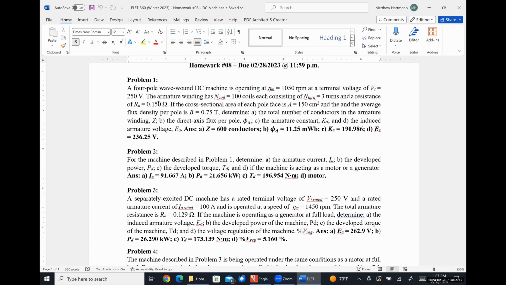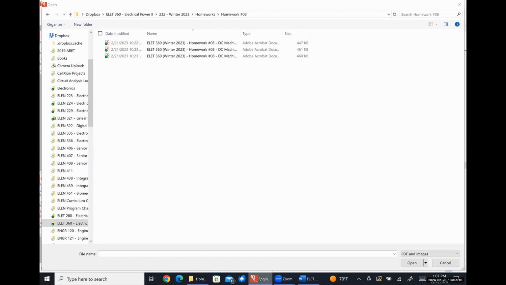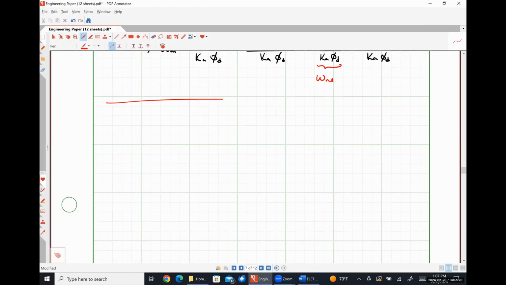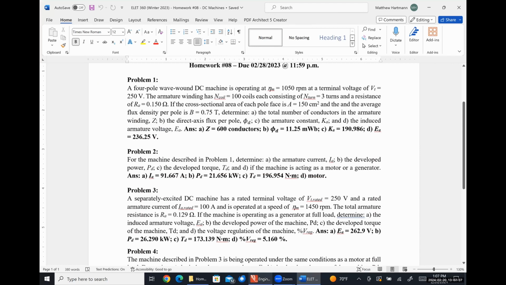Since we've surmised that this thing is acting as a motor and we're trying to find our armature current, let me cancel this out, right? We really only need, this is going to be problem 2. So we know that EA was 236.25 volts.